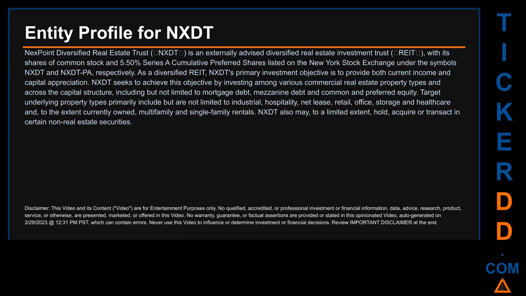Target underlying property types primarily include but are not limited to industrial, hospitality, net lease, retail, office, storage and healthcare and, to the extent currently owned, multifamily and single-family rentals. NXDT also may, to a limited extent, hold, acquire or transact in certain non-real estate securities.